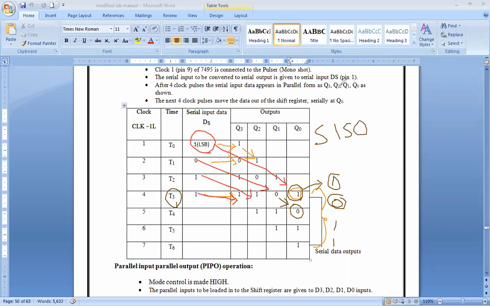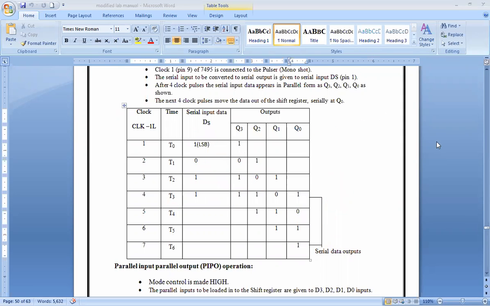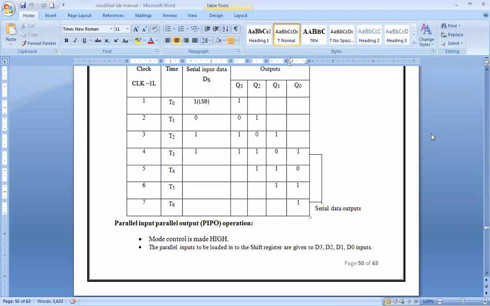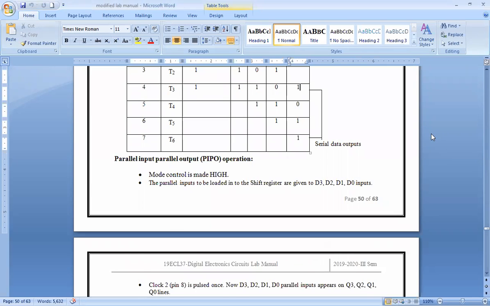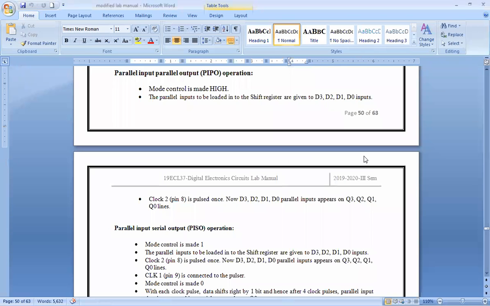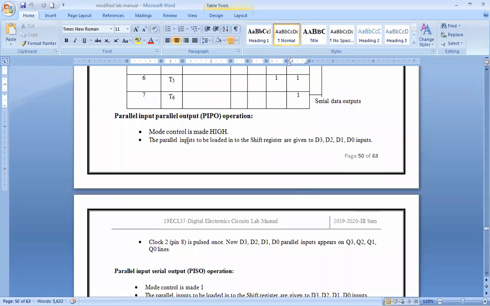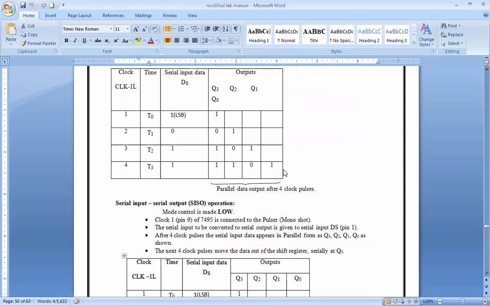Fine. So now we have to switch our modes and go with parallel now. All this while we were using mode M as 0. Now we have to make it high. And not only that, we have to load the values to D0 to D3 together.